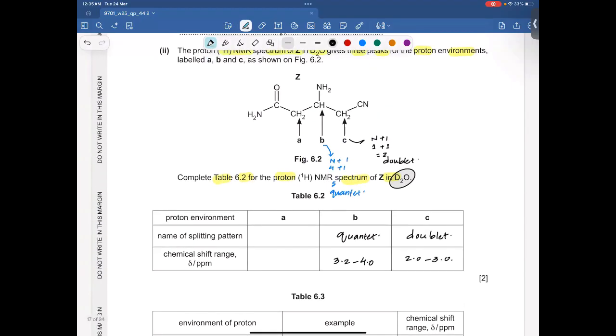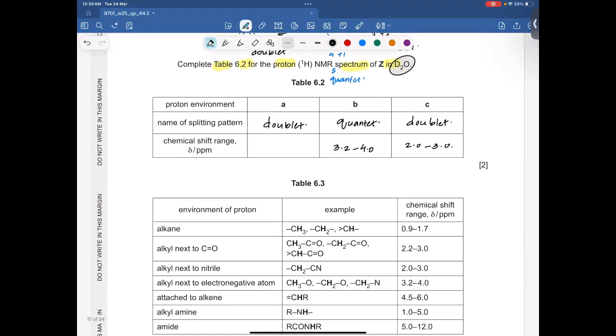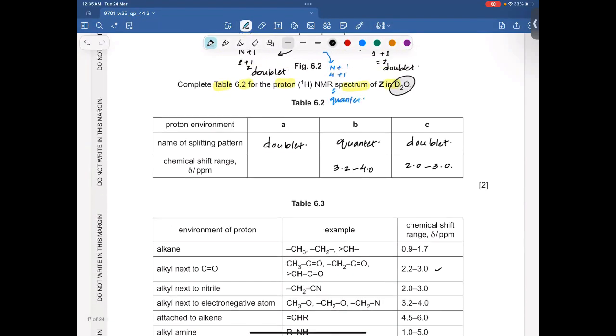Let's talk about A. Let's apply the n+1 rule here. So we have 1 hydrogen atom on the neighbor carbon. So it's going to be 2. It's going to be a doublet. And this is alkyl next to carbonyl, doublet, alkyl next to carbonyl 2.2 to 3.0.